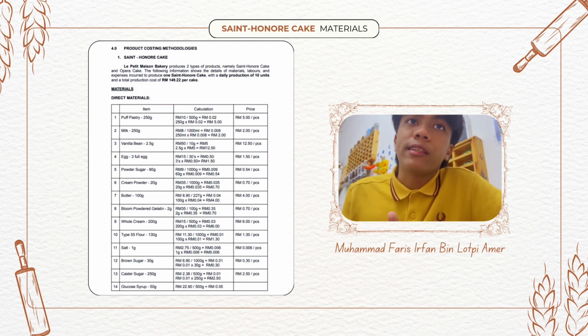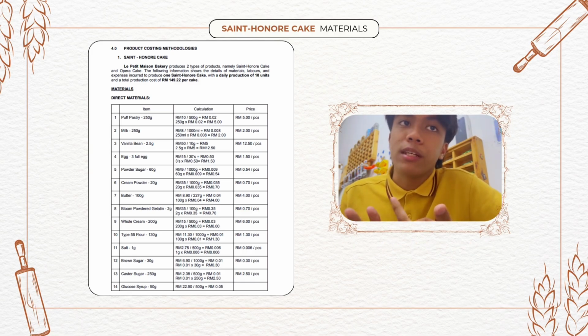Each direct material's market price will be divided by the original grams or kilograms that it was sold in to find the price of each direct material weight, which can be per gram or kilogram. Then it will be multiplied by the grams or kilograms of the direct materials needed to produce one whole cake per day.